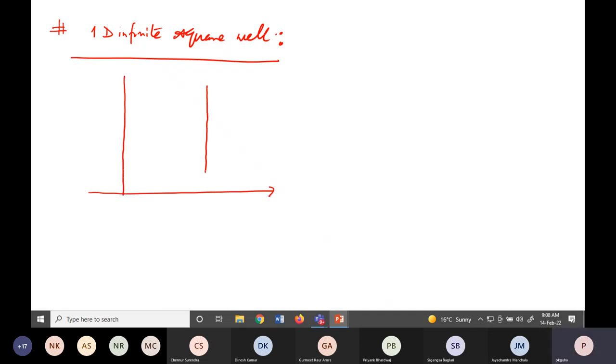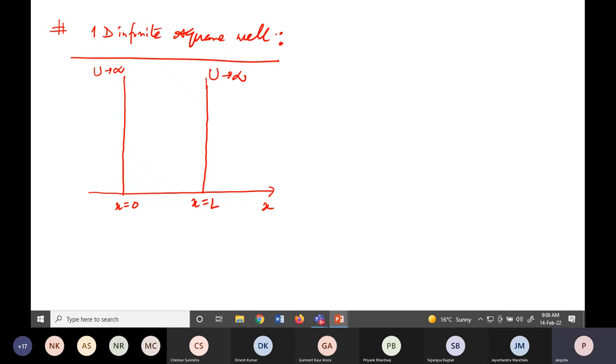Say this is my potential well, and the potential well dimension is between x equal to 0 and x equal to L. As it is an infinite potential well, the potential barrier at the two sides of the well is infinity.